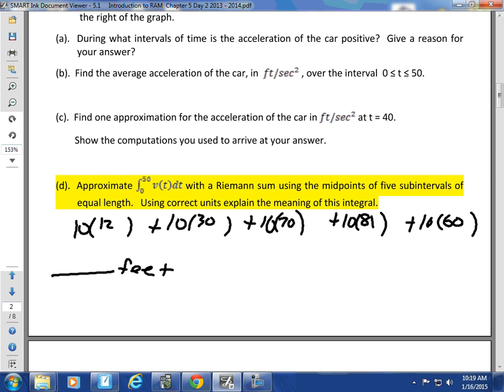You could say whatever this number of feet is the displacement of the object, it's the total distance that the object has traveled, or it's the net change in its position. Any one of those is an accurate label. So the area under the curve is the displacement. The area under a velocity curve turns out to be displacement.